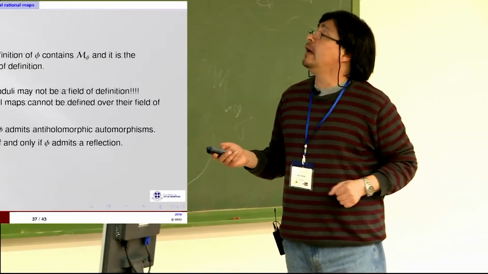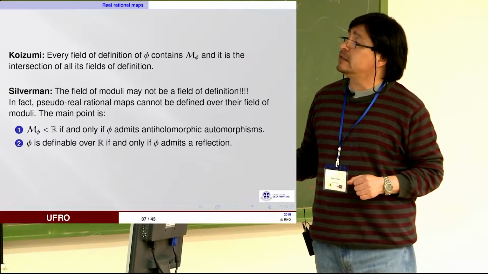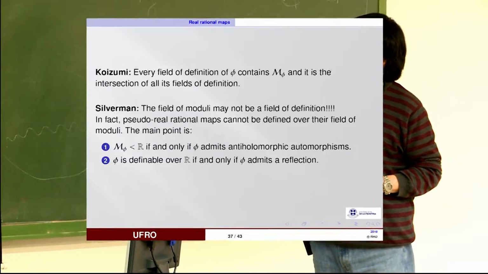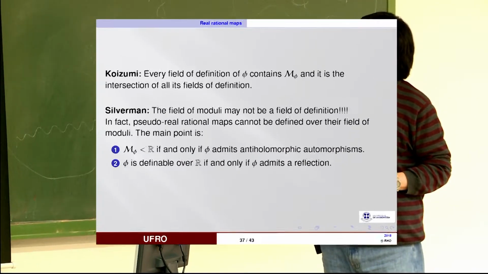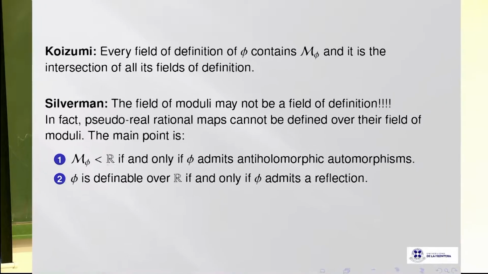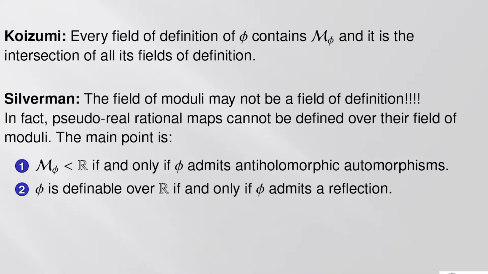So if we collect all these sigma so that this action keeps the same conjugacy class, then this is called the field of moduli.